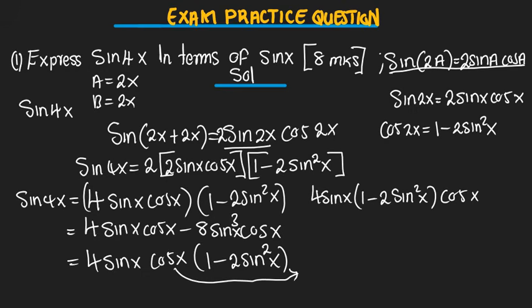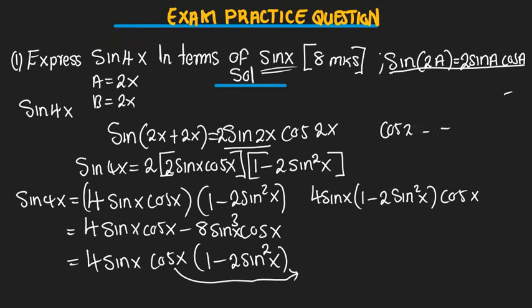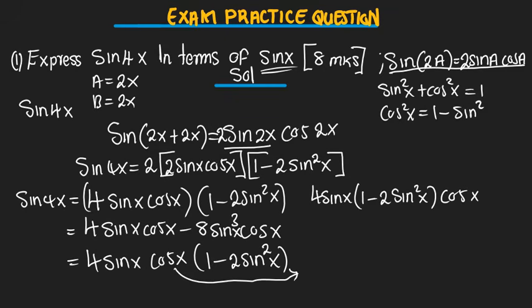Now look at this. The question is saying in terms of sine x. So we're going to try to use an identity. The identity we are going to use is this: remember that sine squared x plus cosine squared x is equal to 1. So cosine squared x is equal to 1 minus sine squared x.